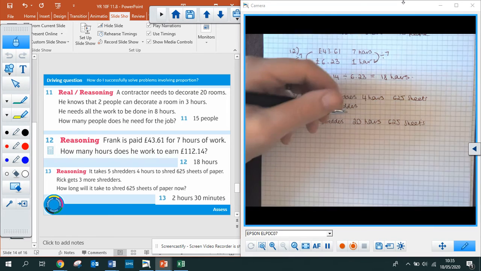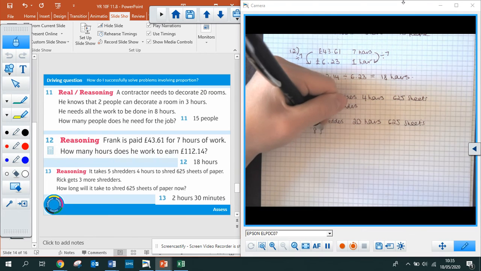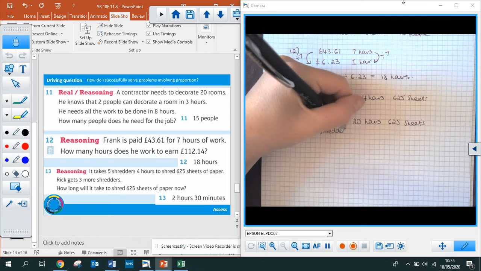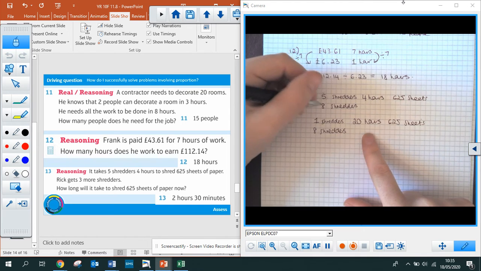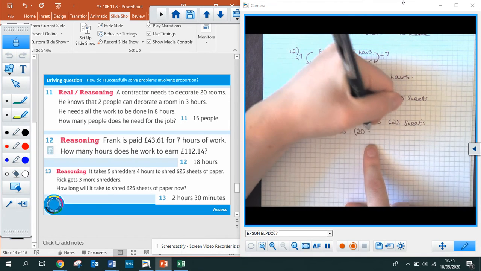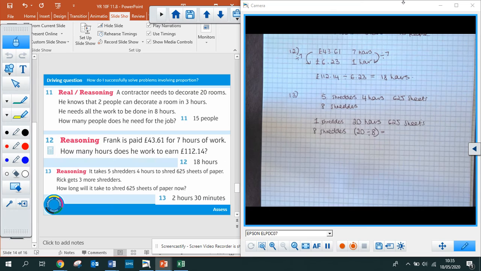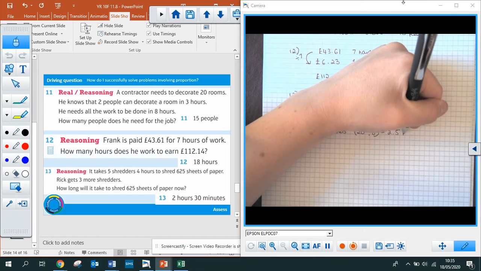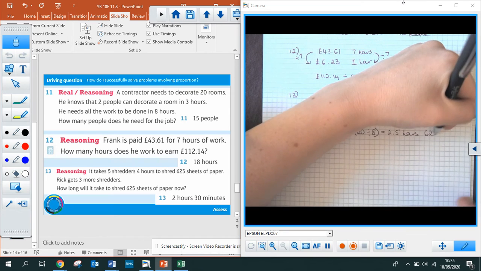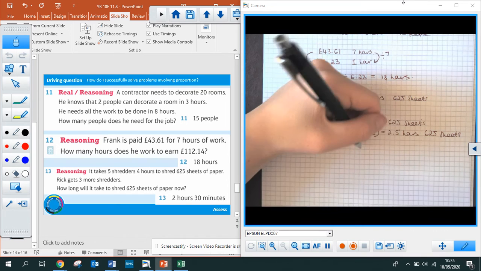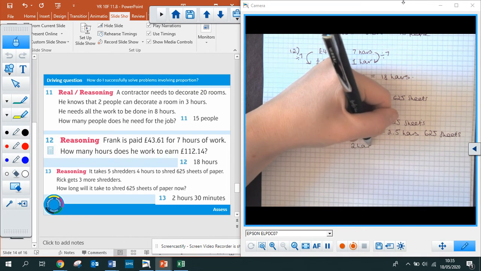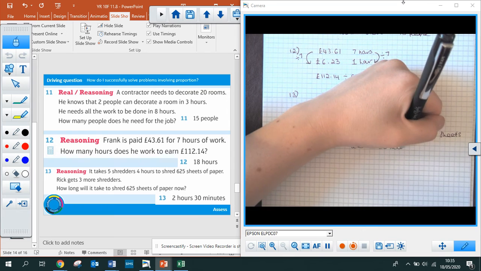He has 8 shredders, so we divide our 20 hours by 8 to find out how long it's going to take the 8 machines. That gives us 2.5 hours for 625 sheets. So 2.5 hours is 2 hours and 30 minutes.